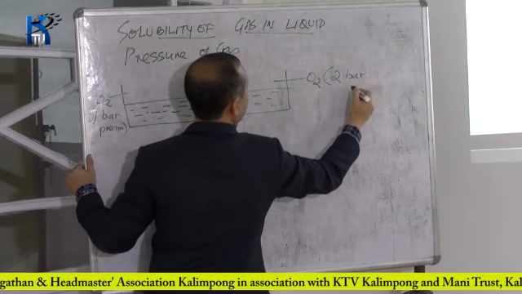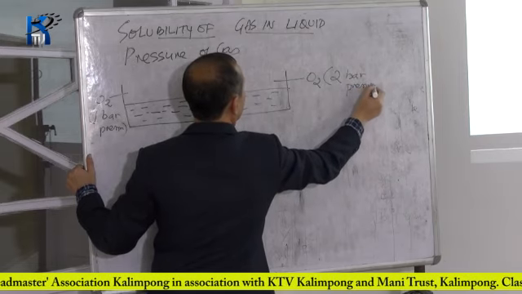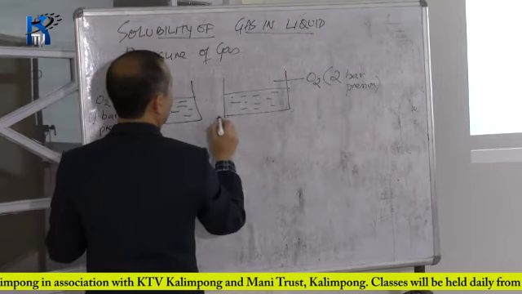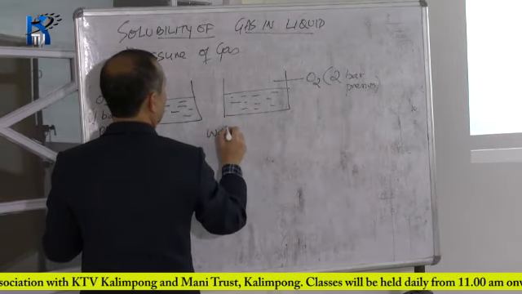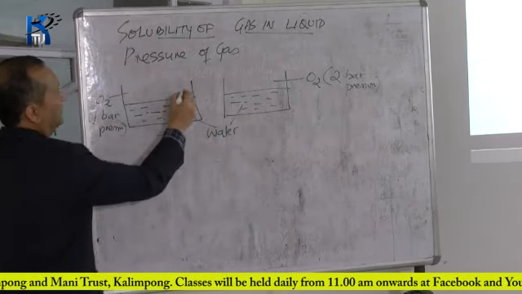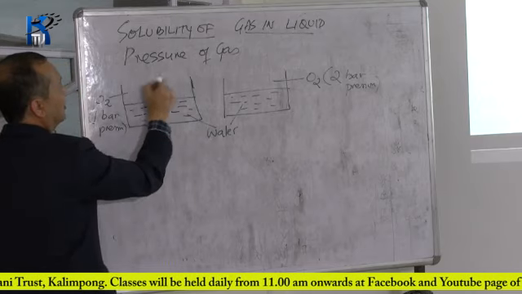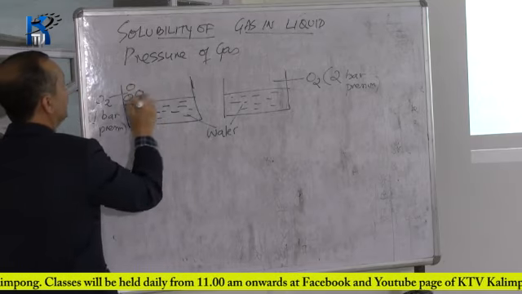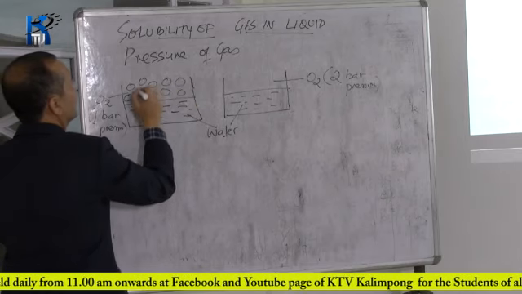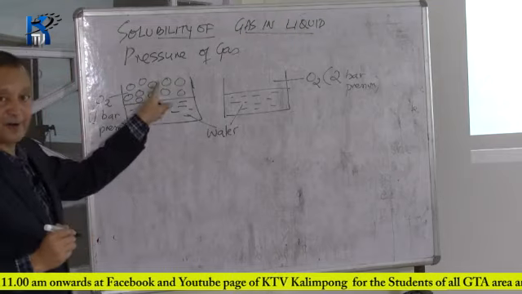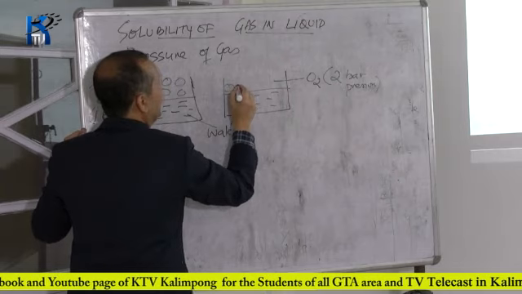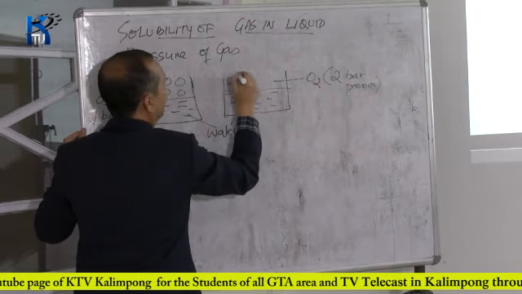Bar is a unit for pressure. Now if you know that oxygen is on top of the water, at 1 bar pressure, suppose these are the molecules of oxygen. If it is 2 bar pressure, then the molecules of oxygen will be more than in the first case.